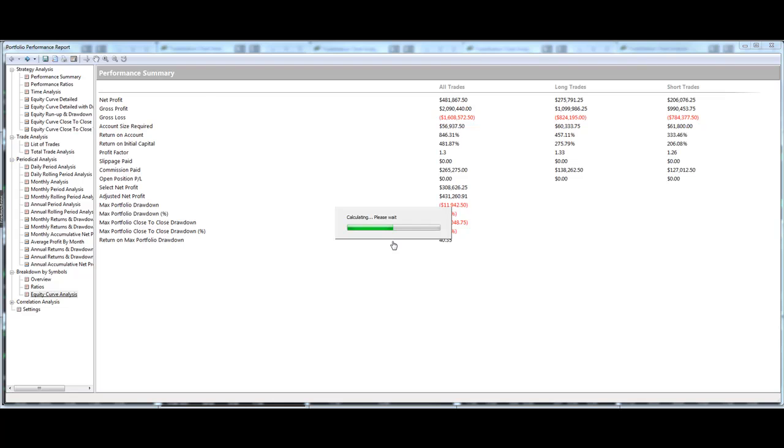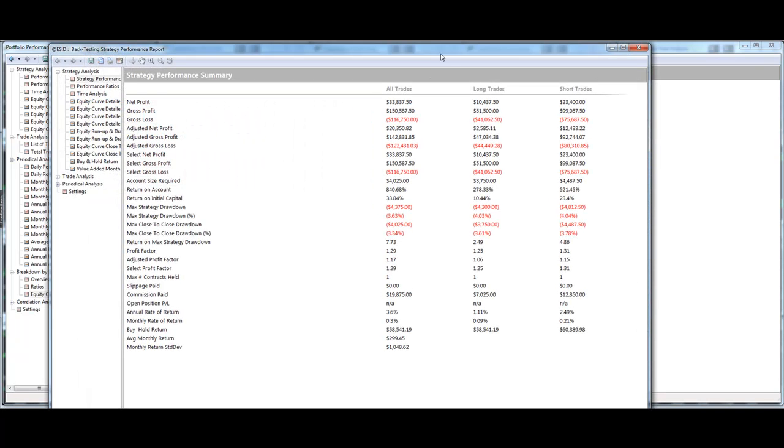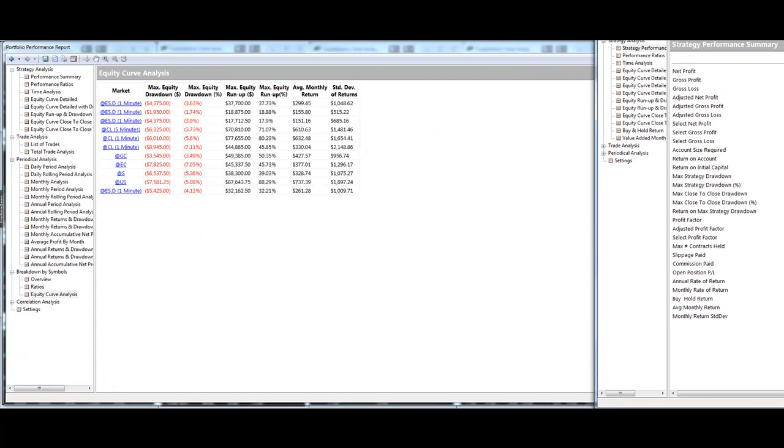I always like to double check in different platforms, and I have my portfolio calculator equity curve tool. You can see it by symbol here, and you have to dig in to see which system is which. But the neat thing is you can click on each one of these and it generates the report, so you have the report for each individual system.